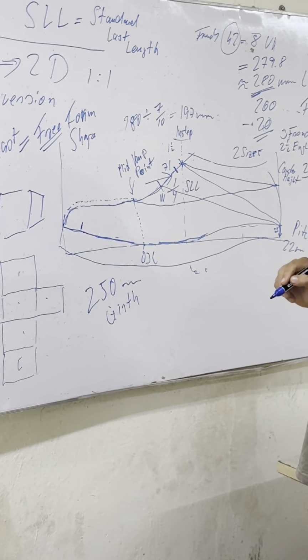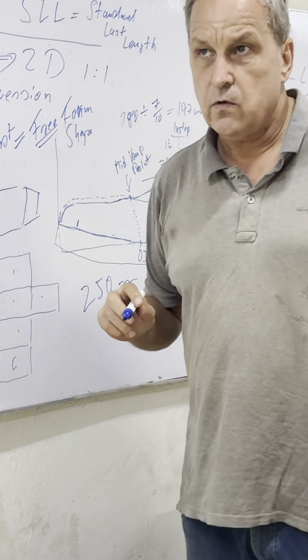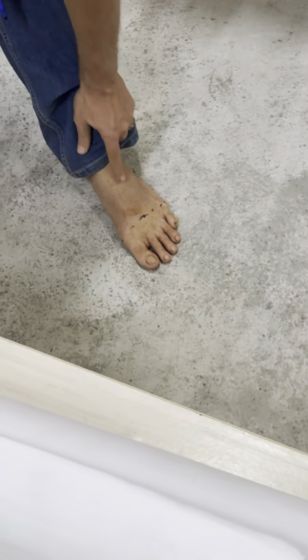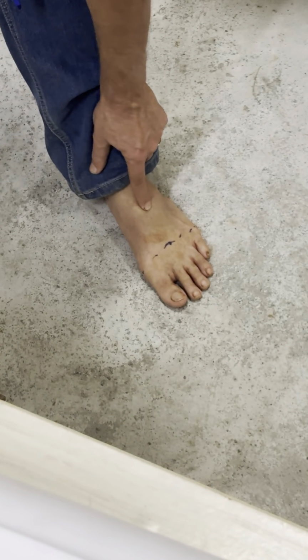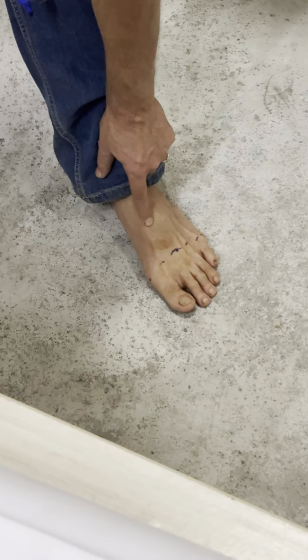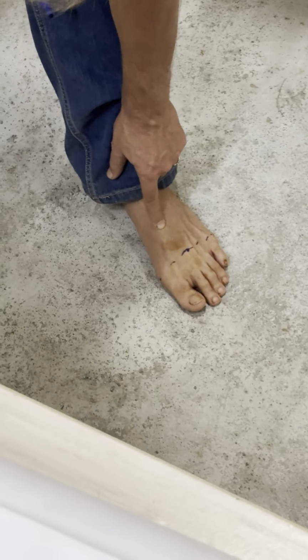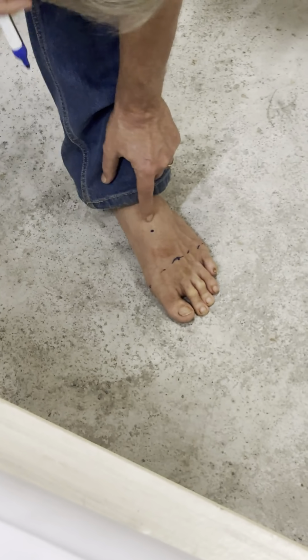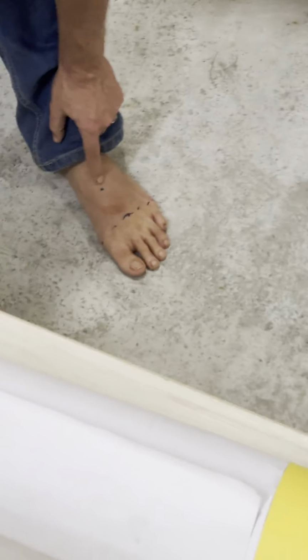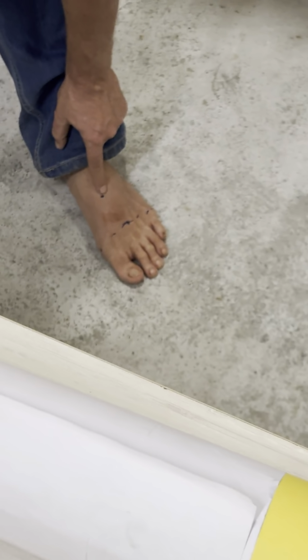And why is this? Actually, once you look at the feet, this important part here, this so-called instep, you can feel here on the top there is a bone. Okay, that bone here is the so-called the instep.